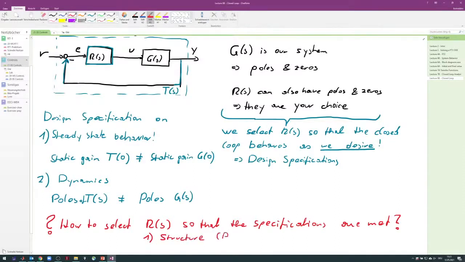So is it a P controller, is it a PI, a PD, PID, whatever. And if we have that, then we have to select the numerical values, right? And this is what we're going to do now.